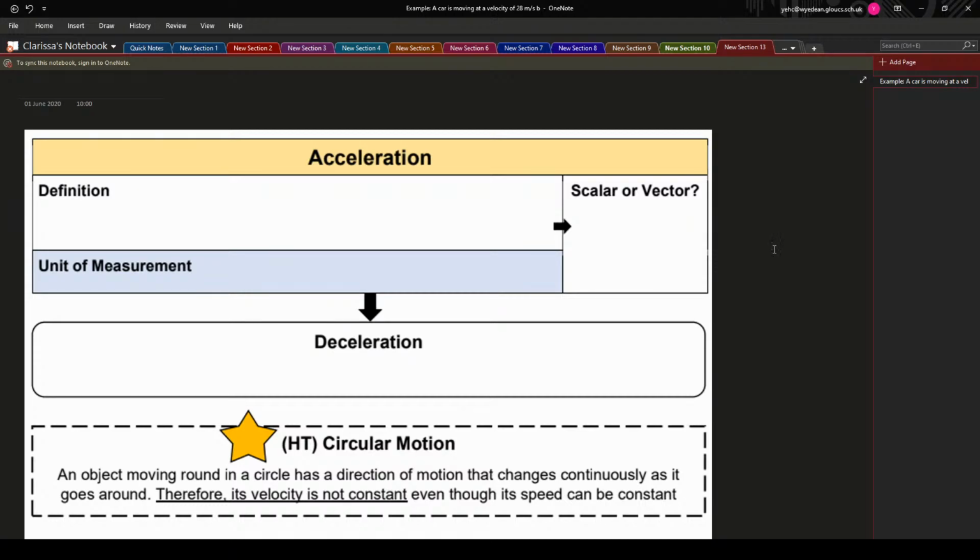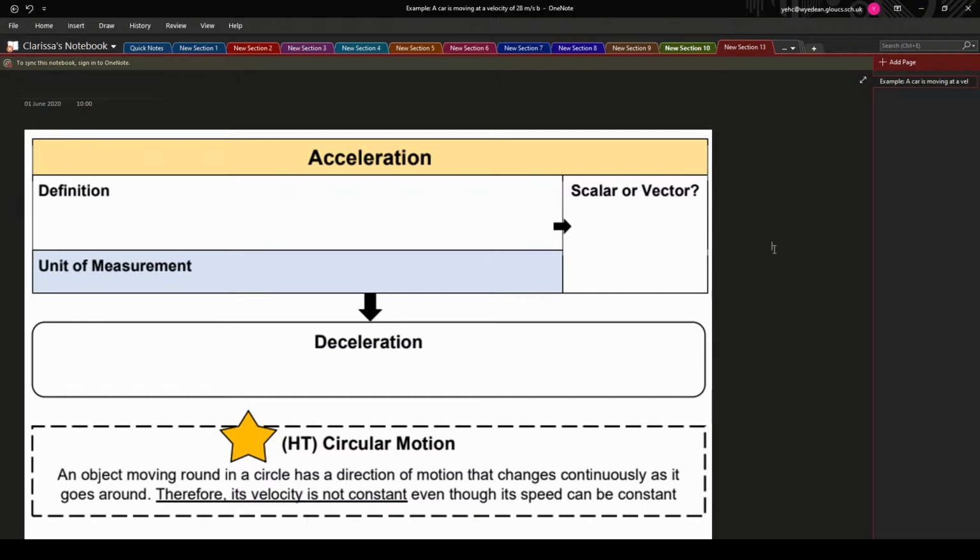So you might be coming in with a little bit of background understanding as to what acceleration is and what deceleration is. But now we're going to put that background understanding into a specific definition.